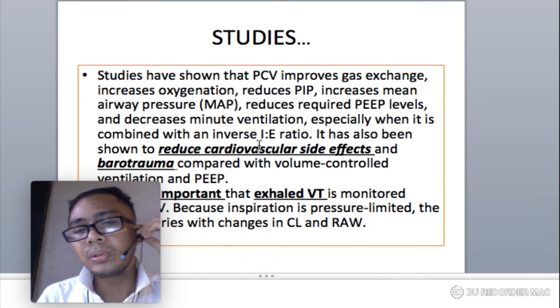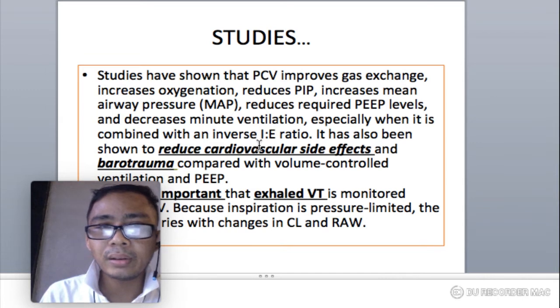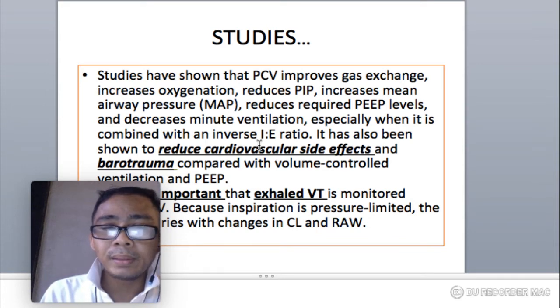Because of the nature of pressure controlled ventilation, the delivery of air going into the lungs is more flexible. When you use pressure control, it is more flexible, meaning it can cause less damage to the lungs compared to volume control.